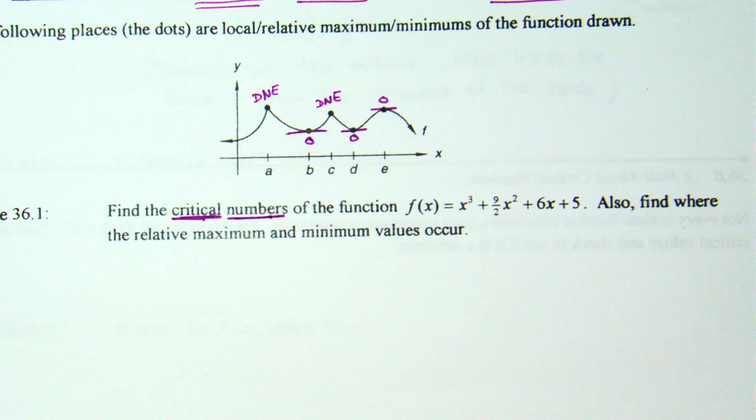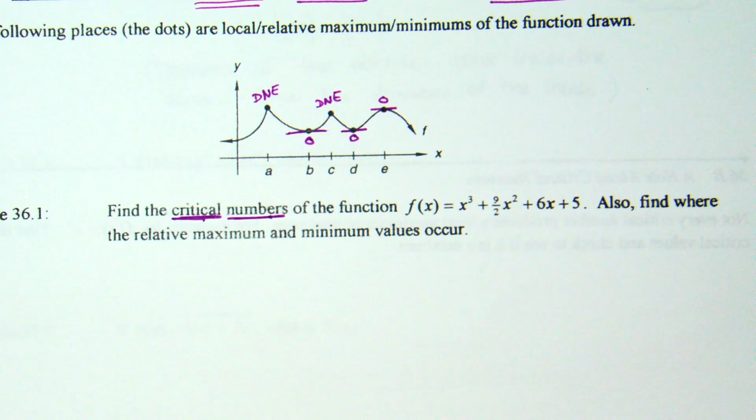How are we going to find mins and maxes? Graph it. Yeah, we're not going to graph it. This is how do we find the mins and maxes without a graphing calculator. That's what this is. So this would be a non-calculator type problem on an AP Calculus test.